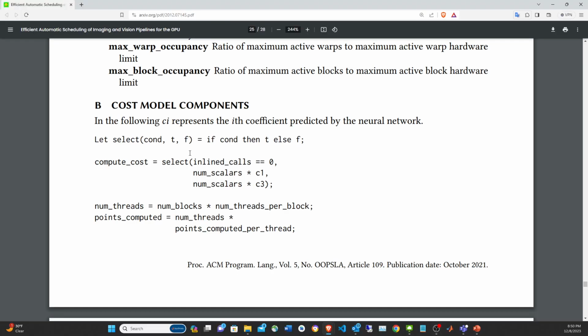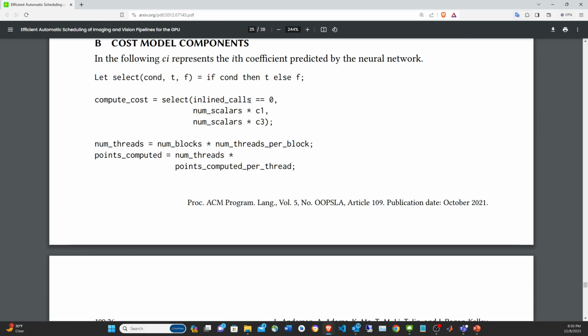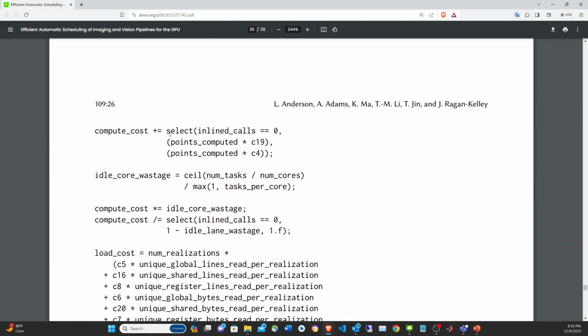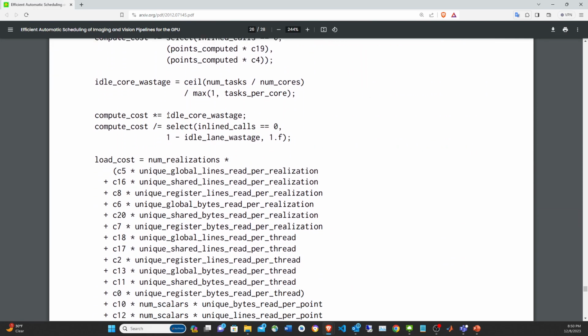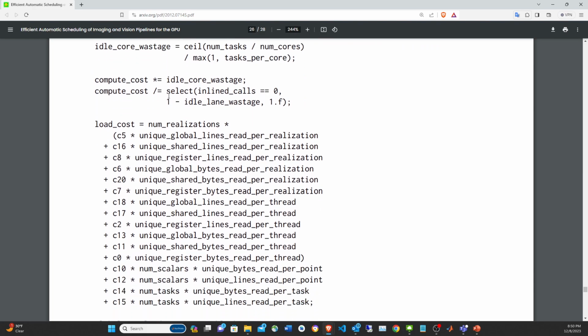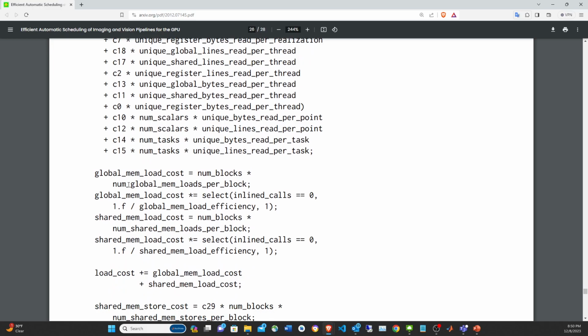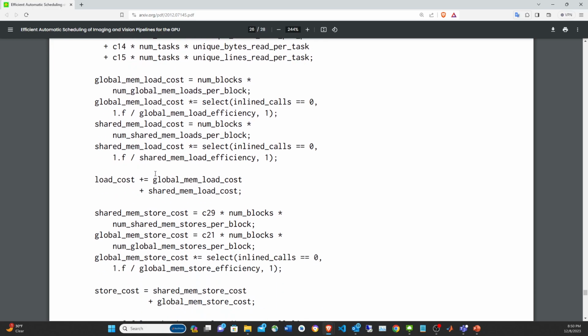Now let's go to the cost model components, and for that I'll refer you to the paper, which I'm going to put into the description of this video. You can see in section B of the paper the different components. You compute the number of threads, the compute cost, the idle cost, wastage, the load cost, the memory, global memory, shared memory related components.